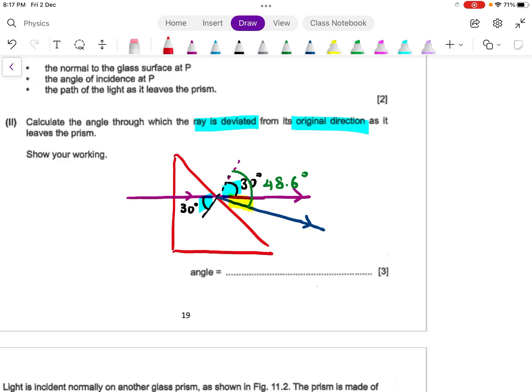So you just use 48.6 minus away 30 degree. So you should get an answer of 18.6 degree. So that's the answer for part 2.